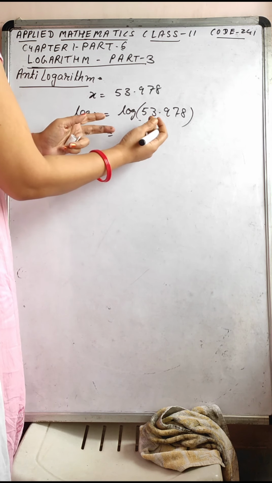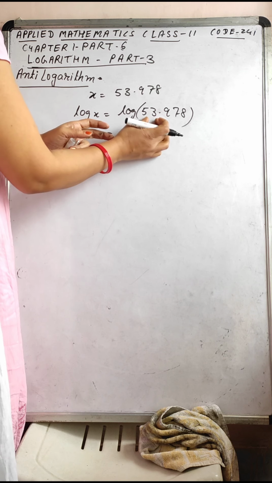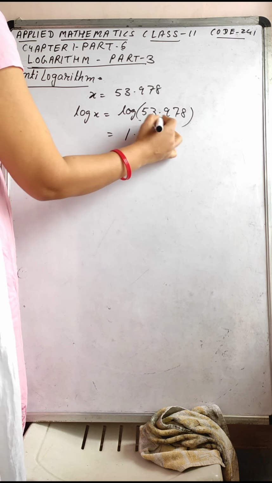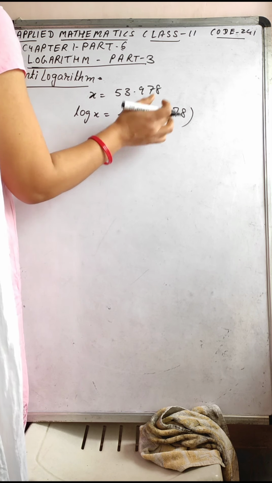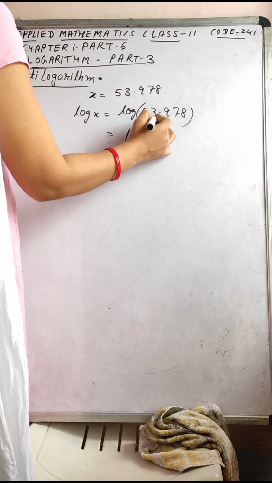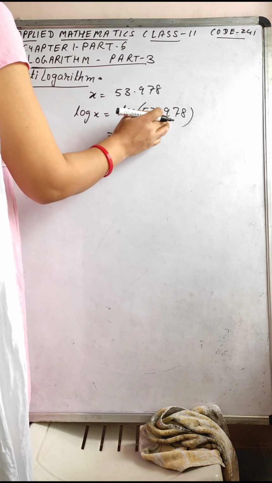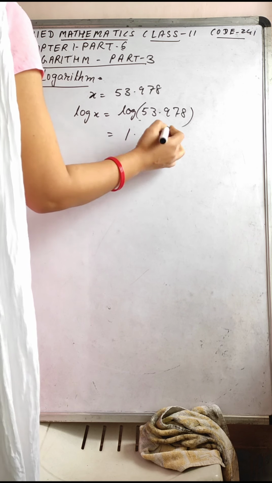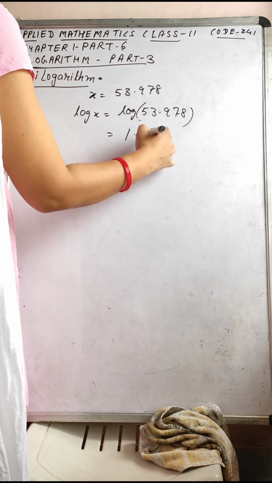Or by seeing also, if the number is more than 1, then the integral part minus 1 we do. So characteristic over here will be 1. Now for the mantissa we see the log table. Along the row 53, under the column 9, and difference 7 we will be adding. Randomly I am saying, it's not that we are necessarily getting this.